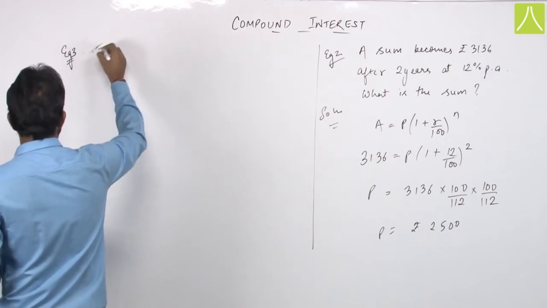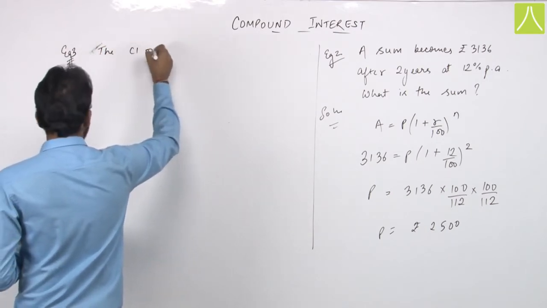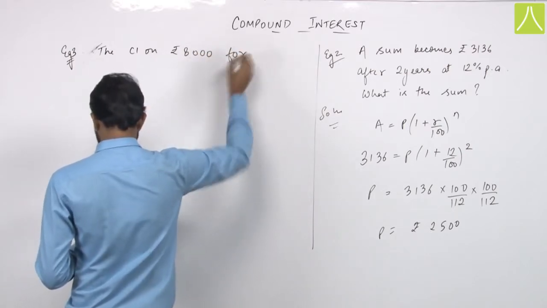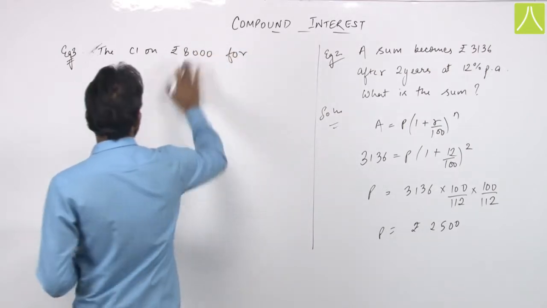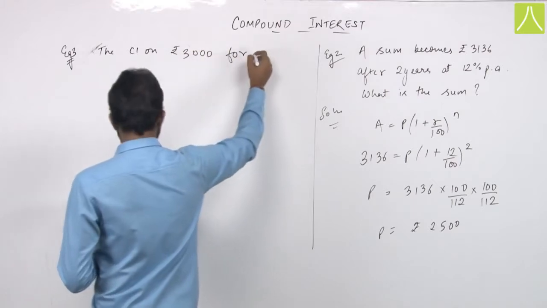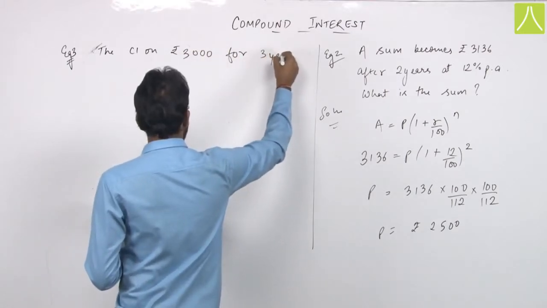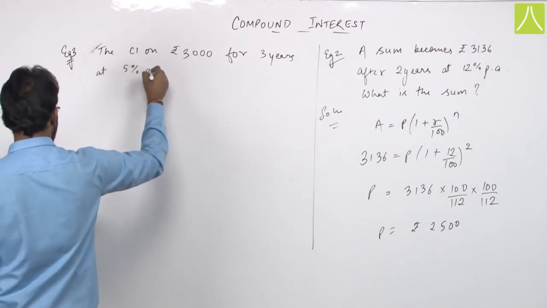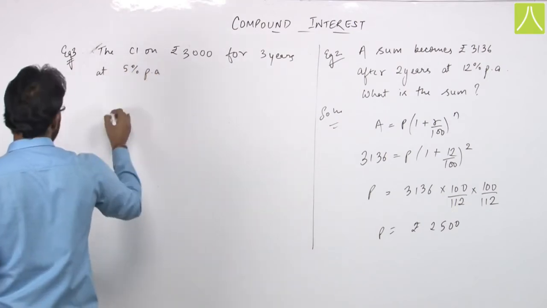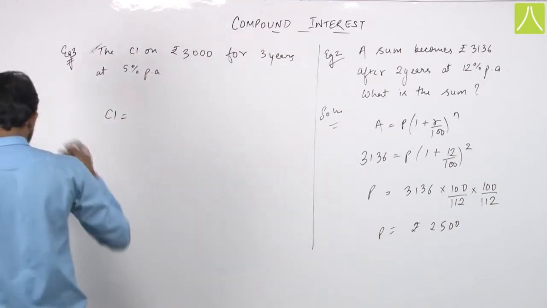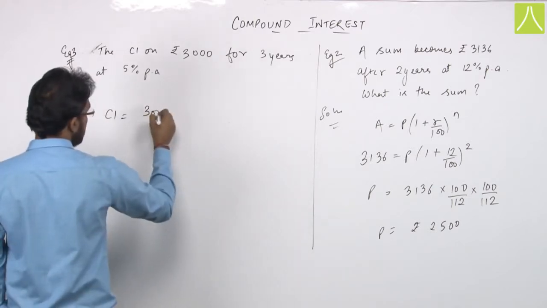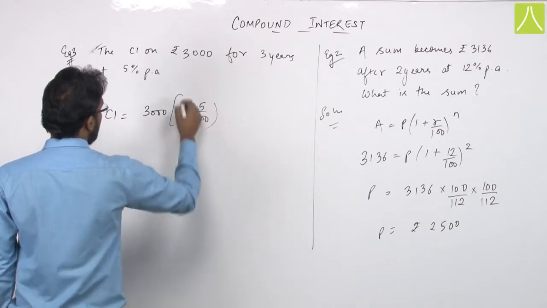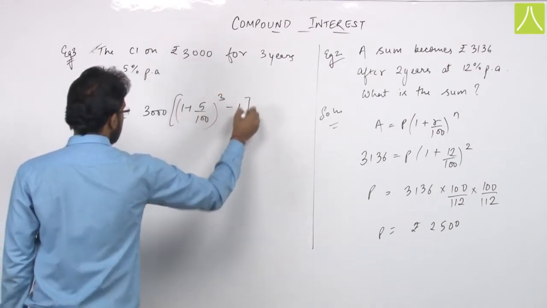We have to find the compound interest over here. The compound interest on rupees 3,000 for 3 years at 5% per annum compounded annually. For finding the compound interest, we note that the formula is principal into (1 plus the rate of interest) whole power n minus 1.